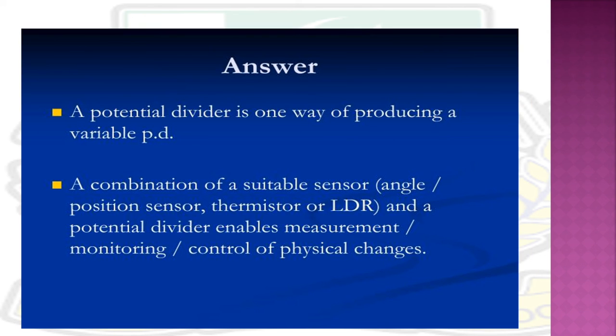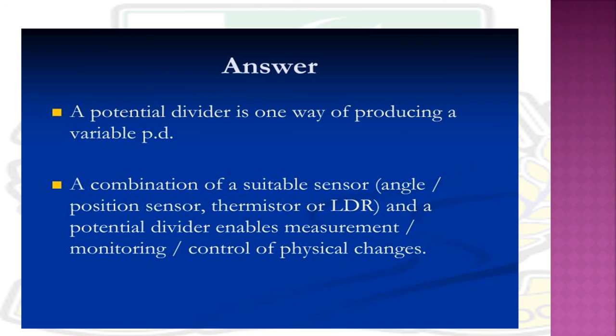So these are the answers. A potential divider is one way of producing a variable potential difference. Combined with a suitable sensor, such as an angle or position sensor, thermistor, or LDR, you will come to know about thermistors and LDRs in the next chapter, inshallah.